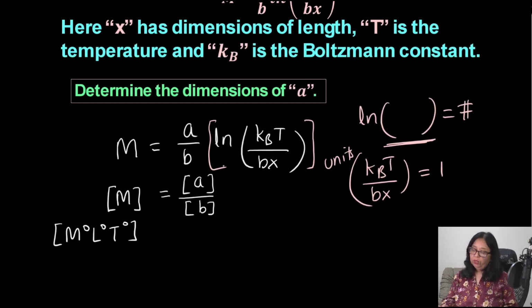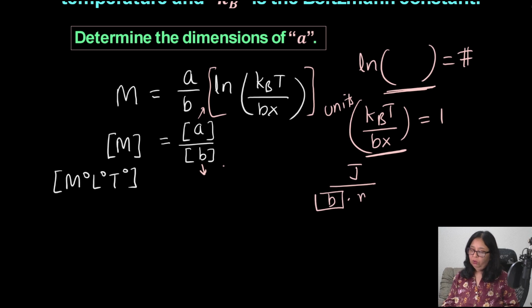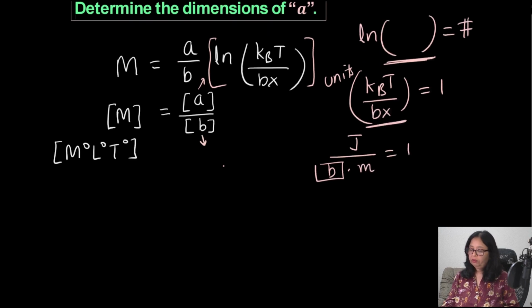Now, in order to determine the dimensional formula or dimensions of A, I have to know the dimensional formula for B. And where would I get that from? From over here. So Kb T, just put in the units: joules. B's units, I do not know. X's unit, just meter, equals 1.